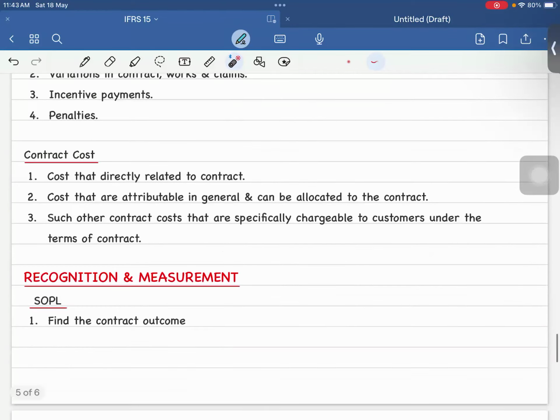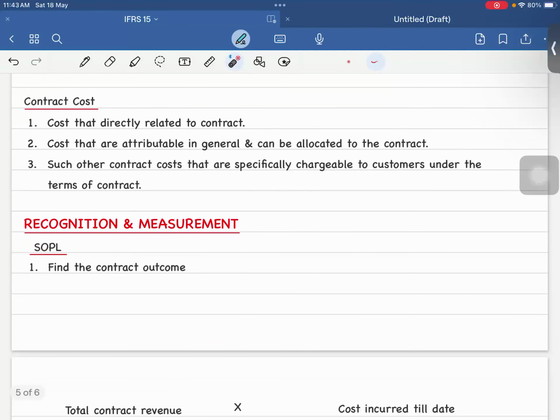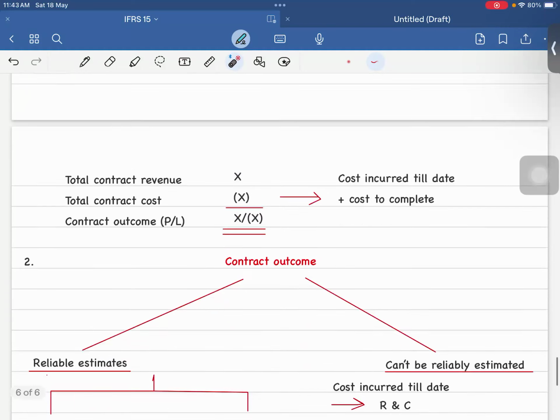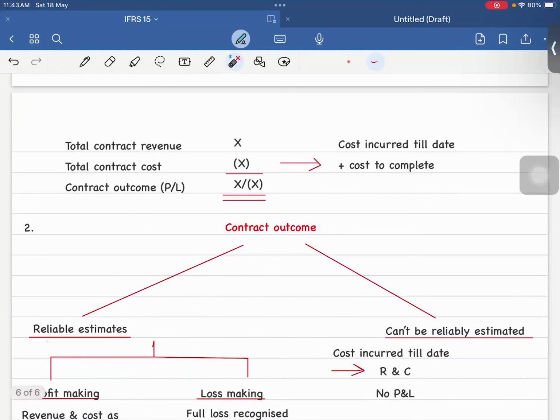Now, what is the recognition and measurement? Under SOPL, you're going to find out the contract outcome. How do you find the contract outcome? You're going to take the total contract revenue, since this is an SOPL item. In order to take things to the SOPL, you need the total contract revenue.